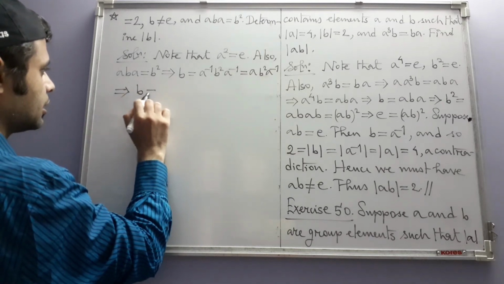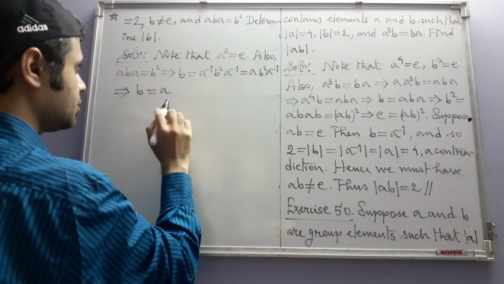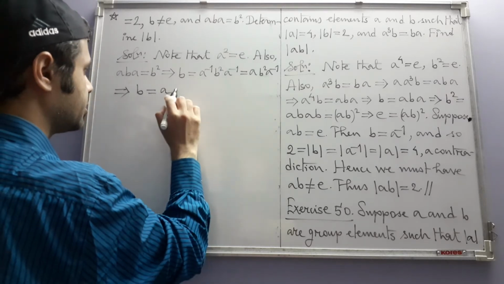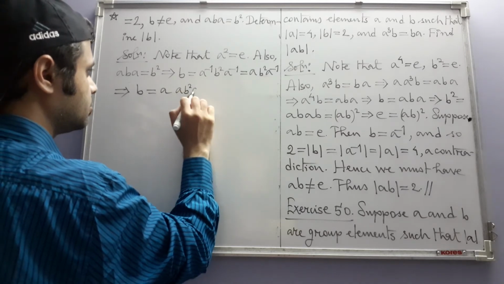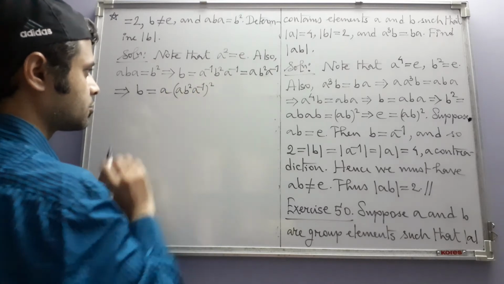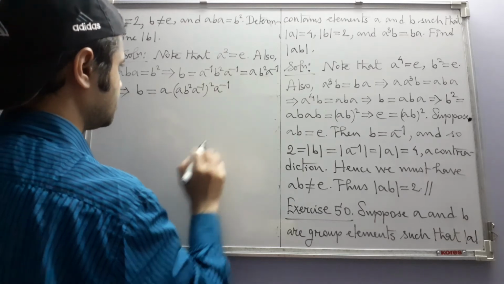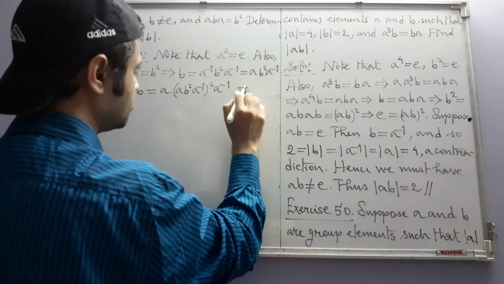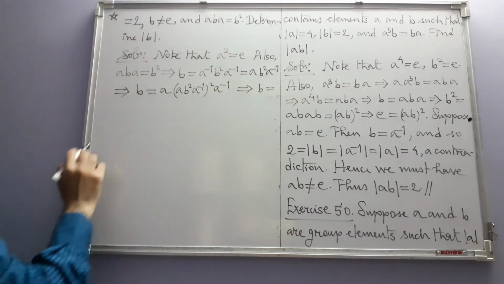So on the left side we have B, on the right side A. In place of B we are again going to use this expression A B square A inverse, square, A inverse. So this implies B is equal to, now if we calculate this, what do we get?